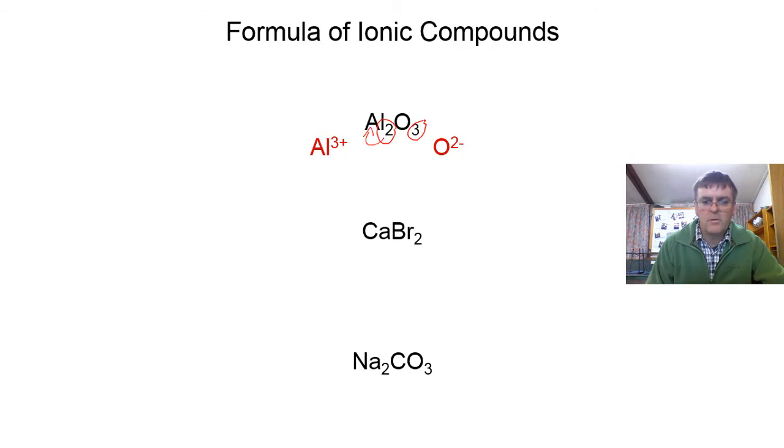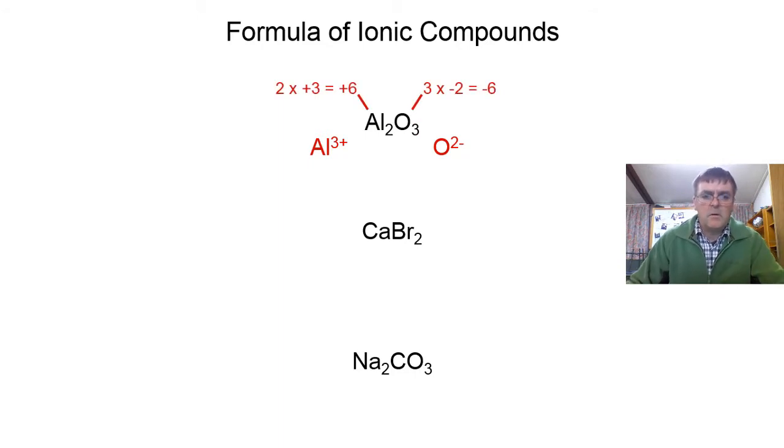So the 2 applies to the aluminium and the 3 applies to the oxygen. So I've got 2 aluminiums and 3 oxygens. So 2 times 3 positives make 6 positives. 3 times 2 negative charges make 6 negative charges. So that balances out, 6 positives and 6 negatives.